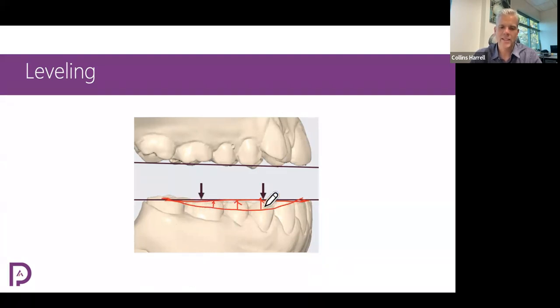And then the brackets and the wire extrude the posterior teeth in between those 2 points, which is why braces tend to open dental bites.